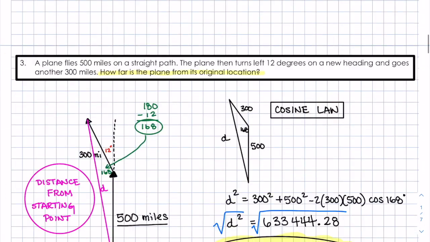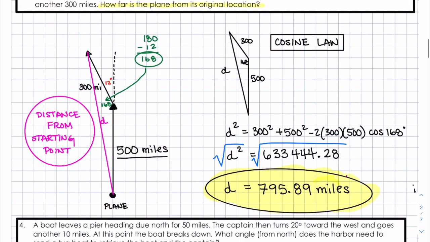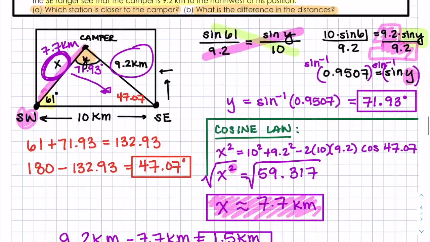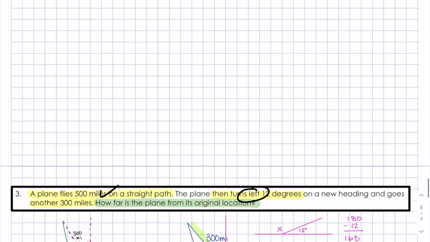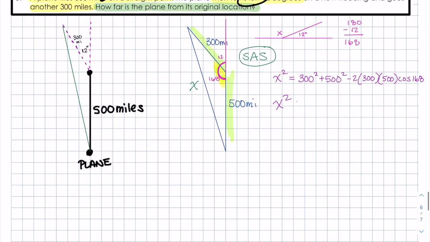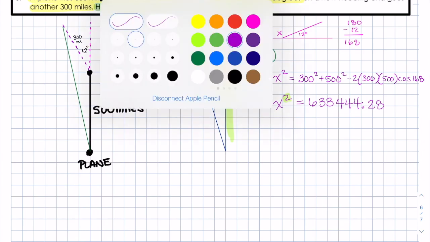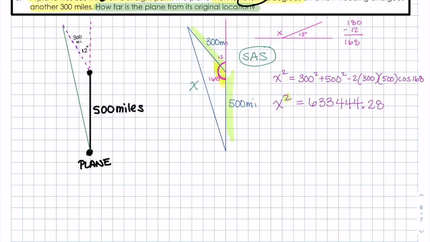And again, I'm going to cheat real quick because I've already worked out all of them. It looks like I get 633,444.28. And then we need to get rid of that second power. So let's go ahead and take the square root.